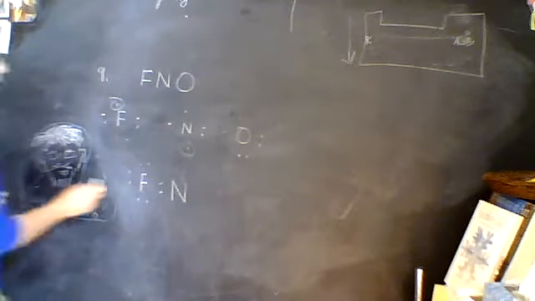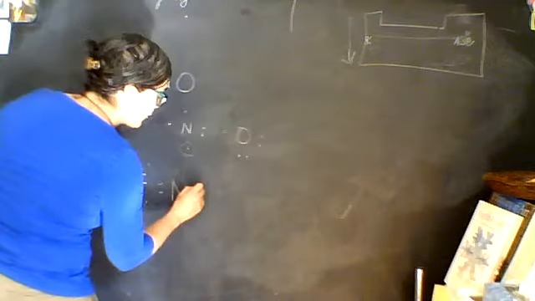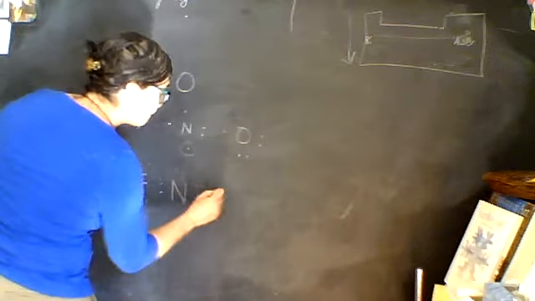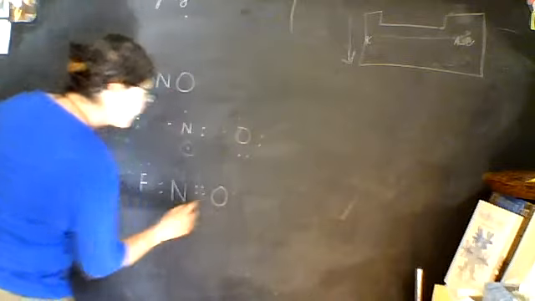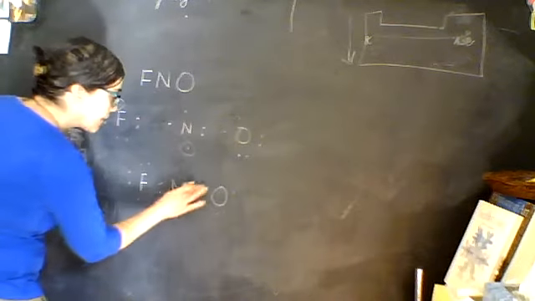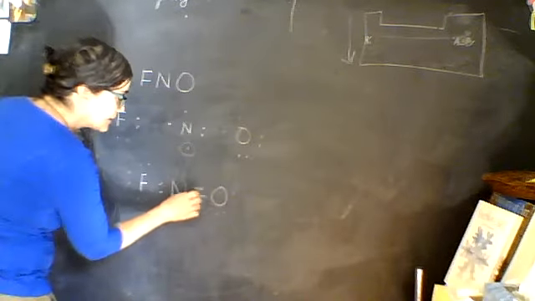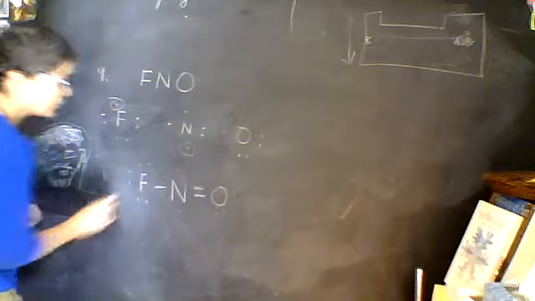Now the N has 2 loose electrons and so has the O. So we're going to have a double bond there, okay? Yes. So we're going to replace that with 2 lines. Sorry for the squeaking. Replace that with 1 line.